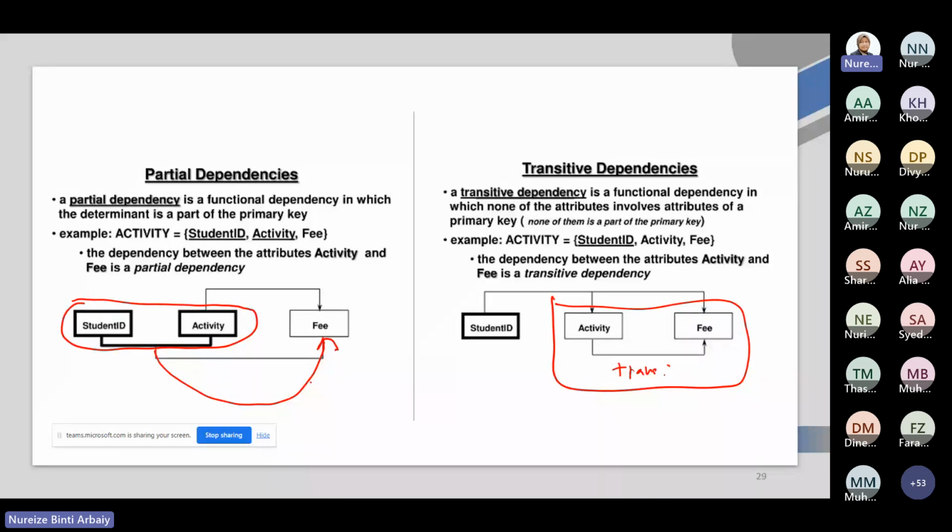One is to identify how much fee the student is charged for that activity. And the other situation is we just want to know how much fee is involved for that one activity. So this is the dependency, transitive and also partial.